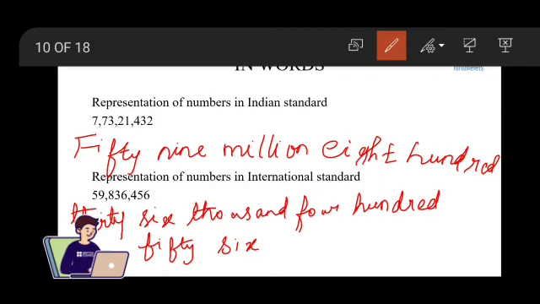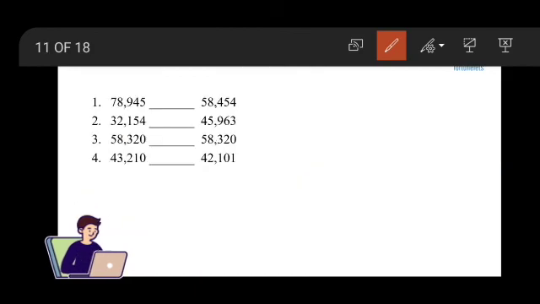Now let's learn about the comparison of numbers. Let's see with the examples. The first number is 78,945 to be compared with 58,454.